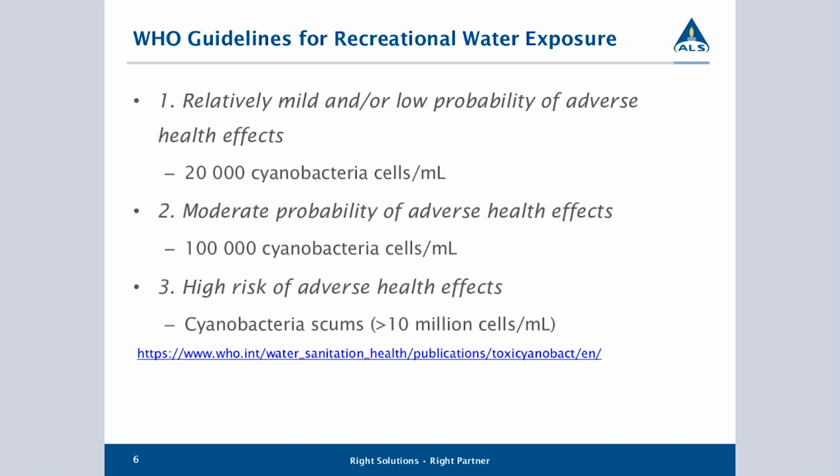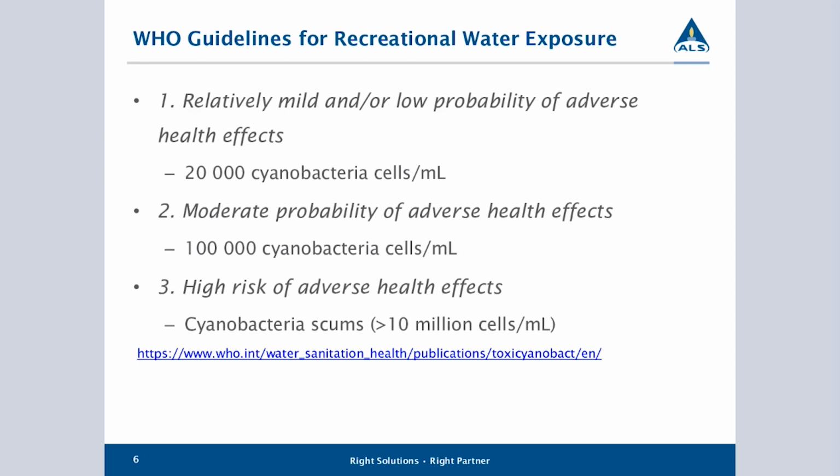The 100,000 cells per milliliter limit is also an important warning for the potential of rapid formation of scums or harmful algal blooms. Concentration of cyanobacteria at this density by wind or their inherent cell buoyancy can lead to rapid scum formation in a matter of hours.